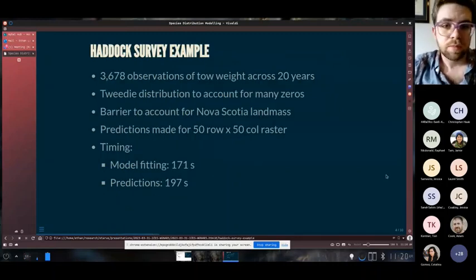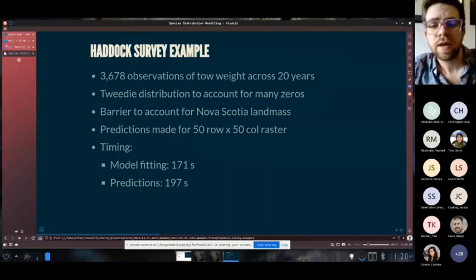So just giving a brief example of what this package can do, I have a haddock survey. So this was just over 3,500 observations of tow weight across 20 years, I think 1997 to 2017, something like that. So we took this tow weight, its biomass, but since it's fisheries data, we also have a large number of zeros.